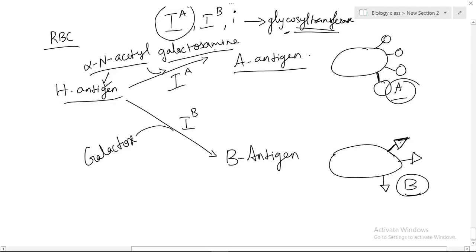Now if you have the lowercase i, with lowercase i this glycosyltransferase enzyme cannot be produced. As a result, since the enzyme cannot be produced, it cannot add either N-acetyl galactosamine or galactose to the H antigen on the RBC. It cannot add the spherical shaped sugar, and it cannot add the triangular sugar.